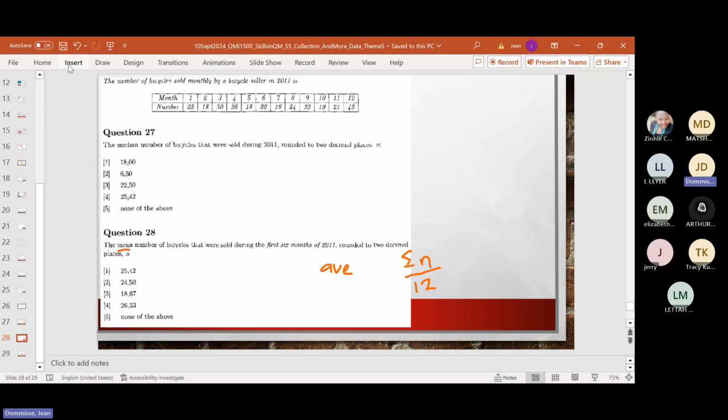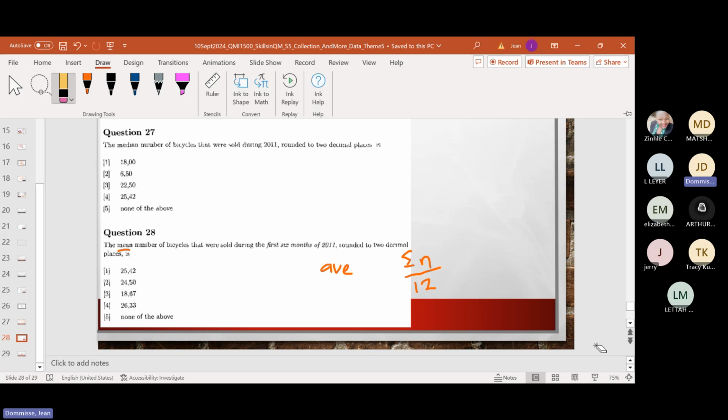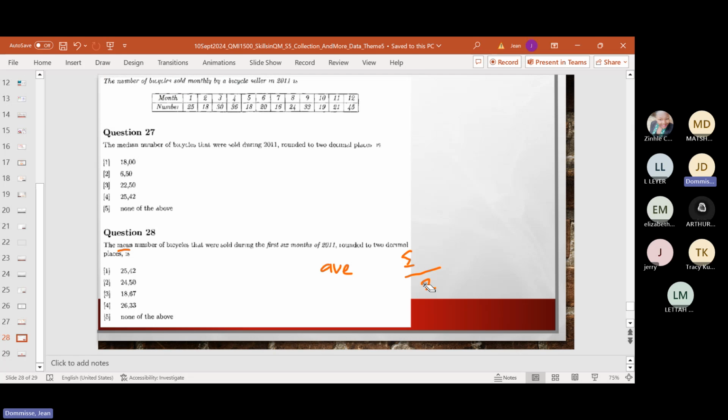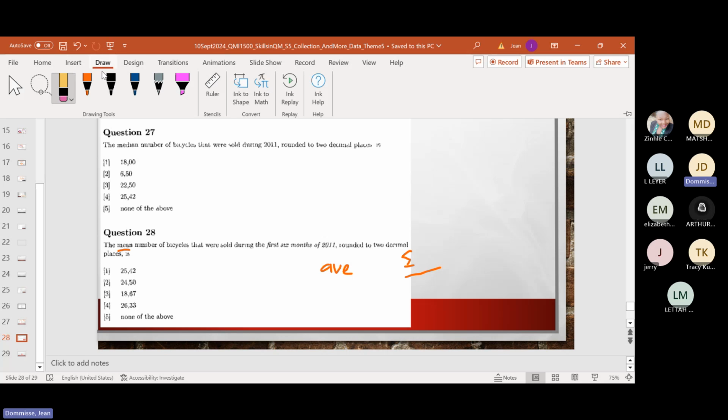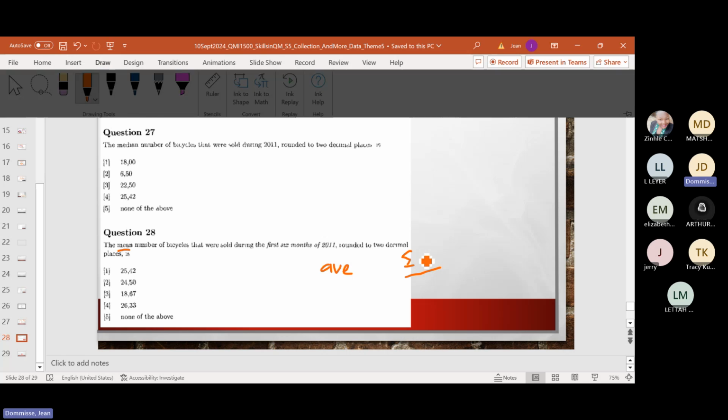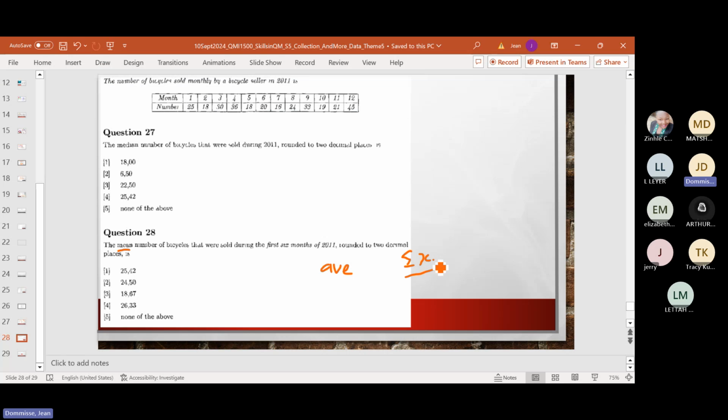So let's do that formula: the sum of all the numbers divided by n. That will give us the mean, which is also the average.